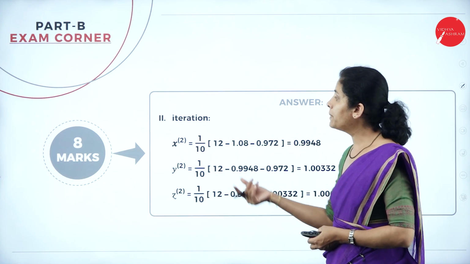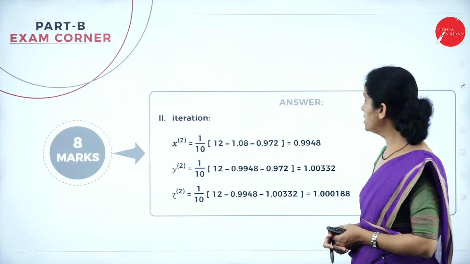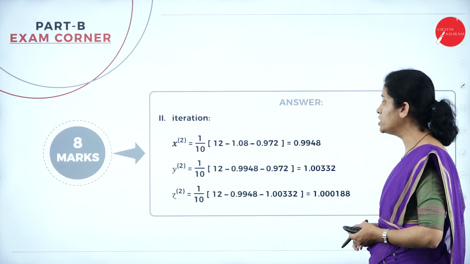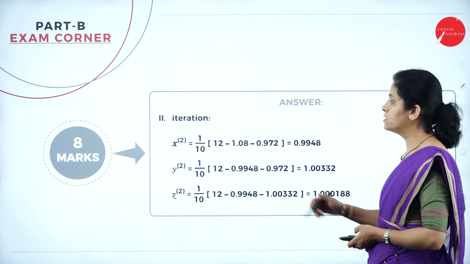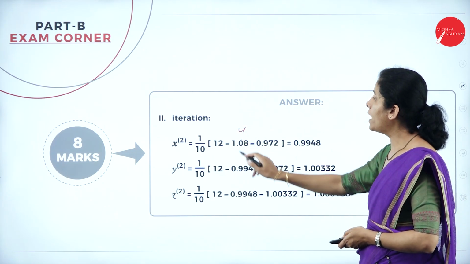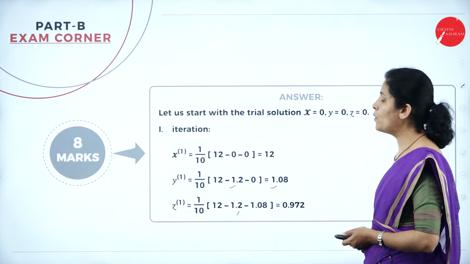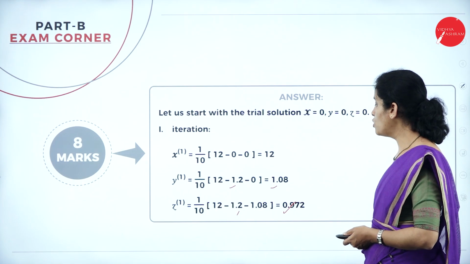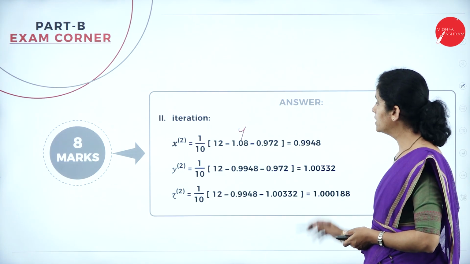Now, in my next iteration, my x value, y value and z value change. So my y value is 1.80, my z value is 0.972.